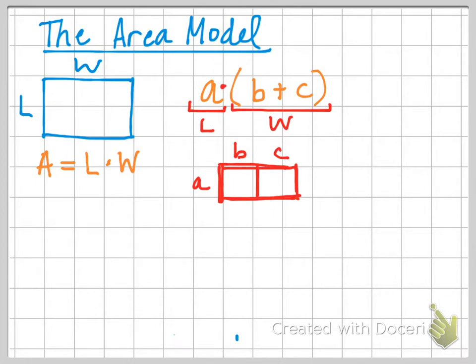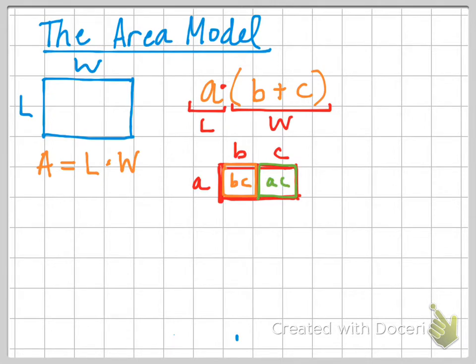Now, if I think about multiplying within or finding the area of these individual rectangles, I can first look at the rectangle on the left, which is a length of A and a width of B, and say the area there would be BC, or B times C. And then in the second rectangle, it still has a length of A, and now it has a width of C, so I could say that has an area of A times C, or AC.